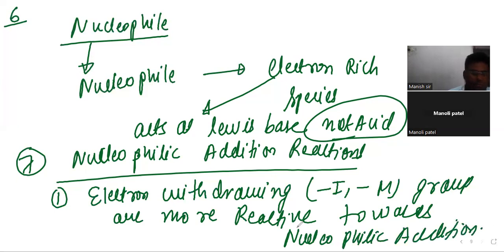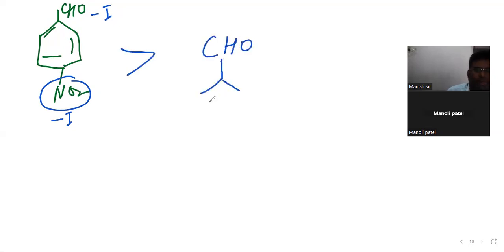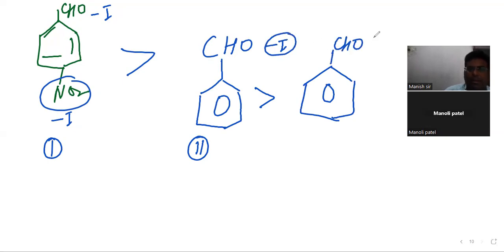So you can see the electron withdrawing groups. I will draw the structures. The first compound is attached with CHO and NO2. Both of these are electron withdrawing groups, minus I. So this will be the first in the order. Next one is CHO on benzene, this is your second. The third is like this: one is an electron withdrawing group, this is minus, this is also minus.